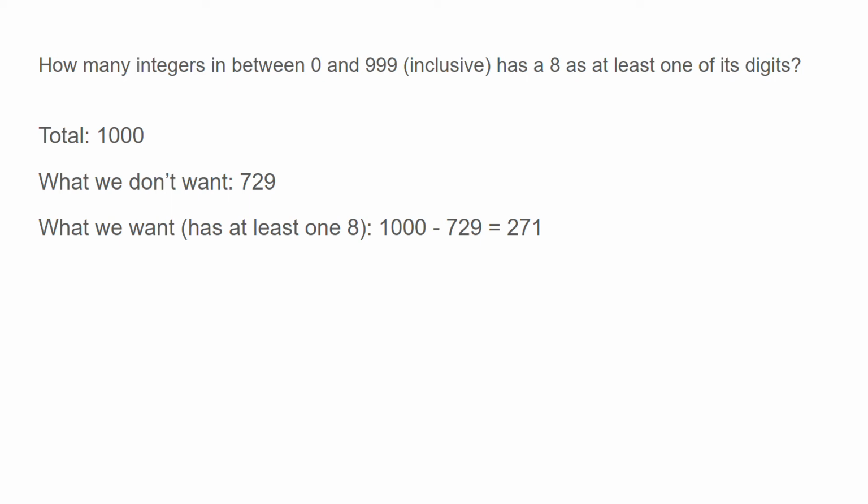But in other cases, it might be faster to use some different method instead of complementary counting.